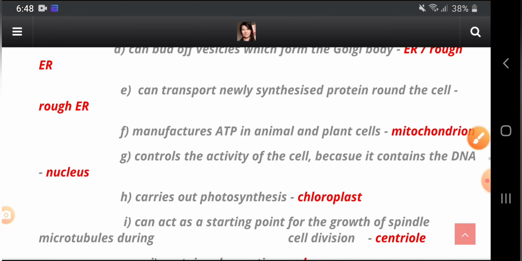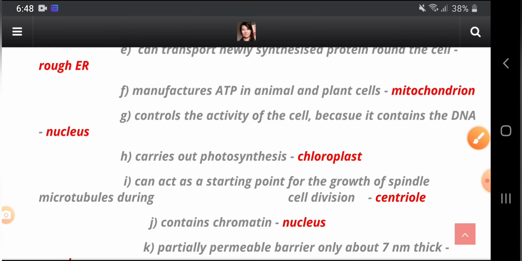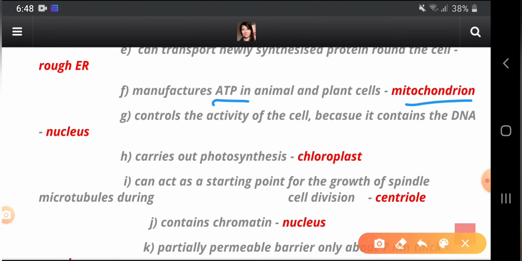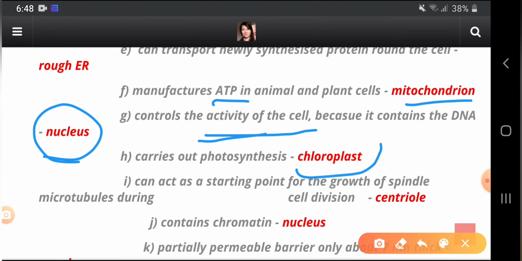That is the answer. Manufactures ATP in animal and plant cell, that is mitochondrion. Controls the activity of the cell which contains the DNA, that is nucleus. Carries out photosynthesis, chloroplast. Can act as a starting point for the growth of spindle microtubules during cell division, that is centriole.